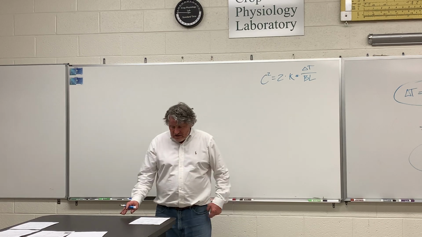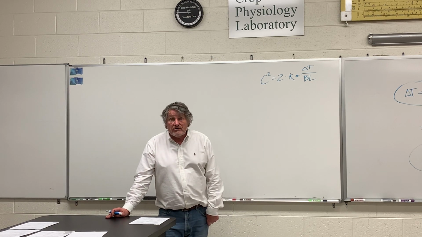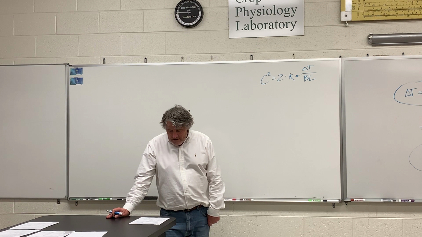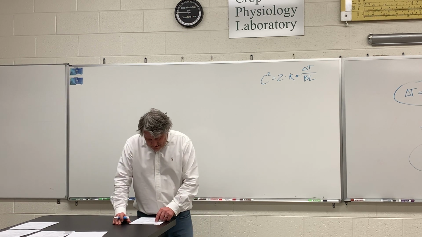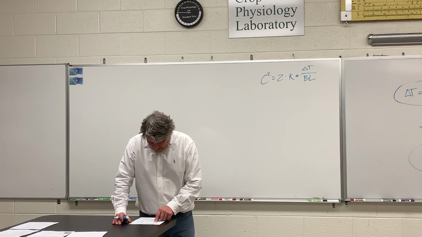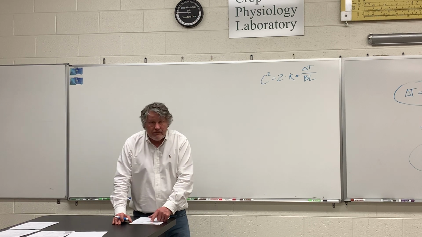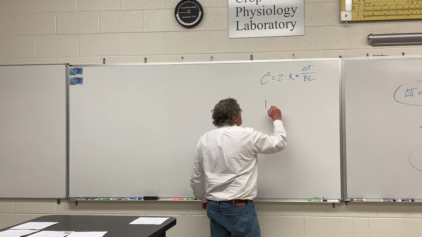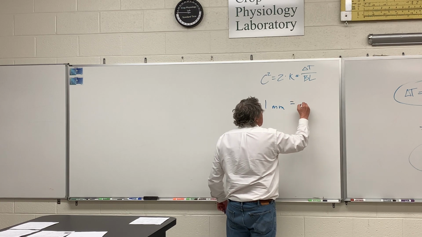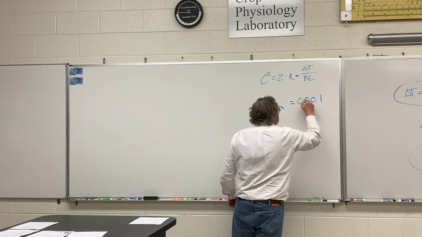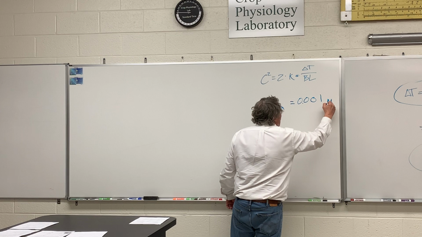The key to this is getting the units correct for leaf width. One millimeter is the narrow one, 0.001 meters.